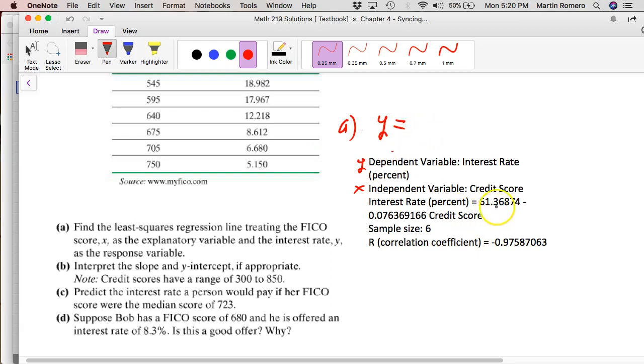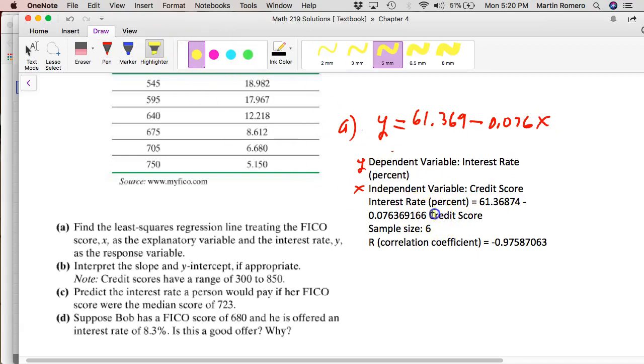So y is equal to 61.369, I'm going to go to 3 decimal places, minus 0.076x. Your credit score is variable x, your interest rate is variable y. And there's your correlation coefficient, close to -1, which means really strong. So that's your answer for A.